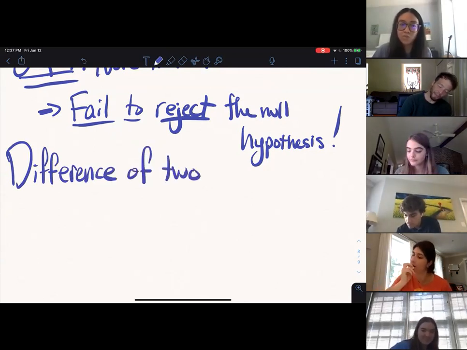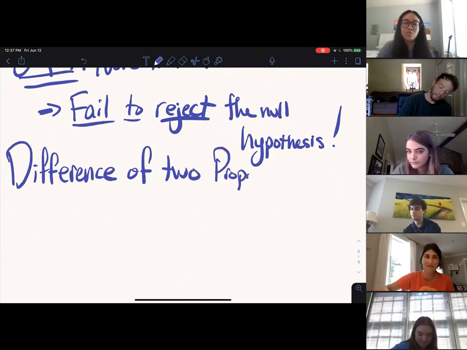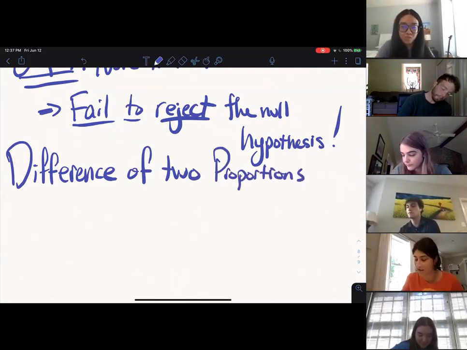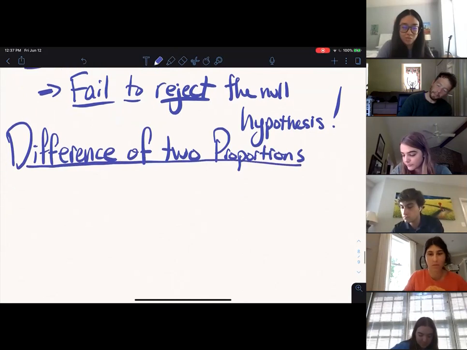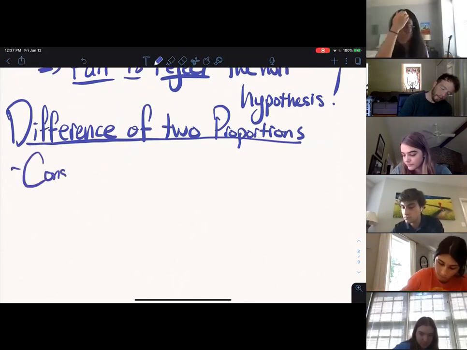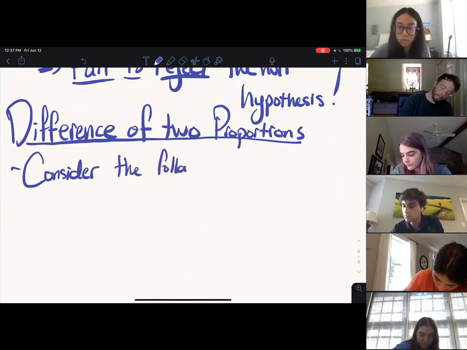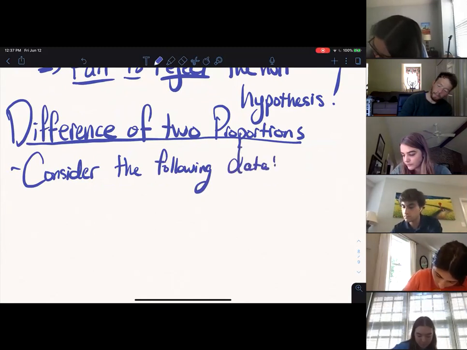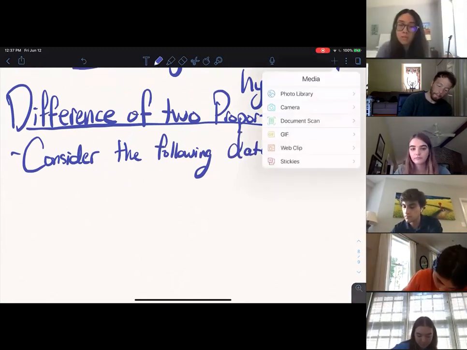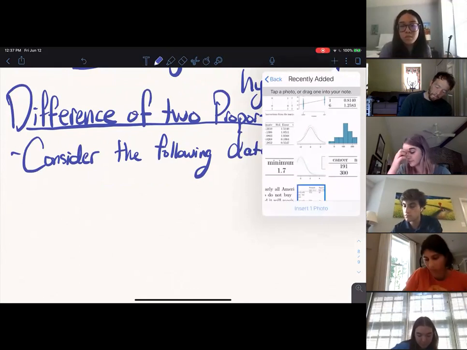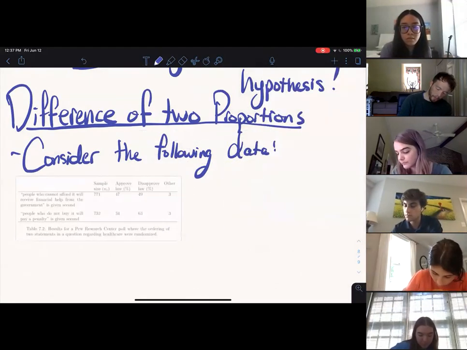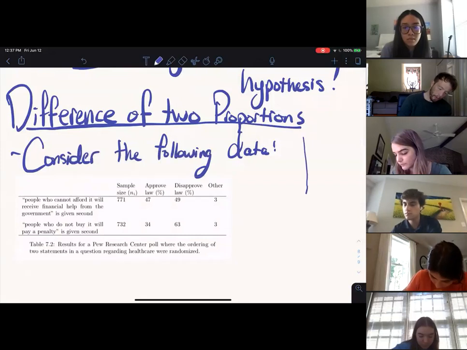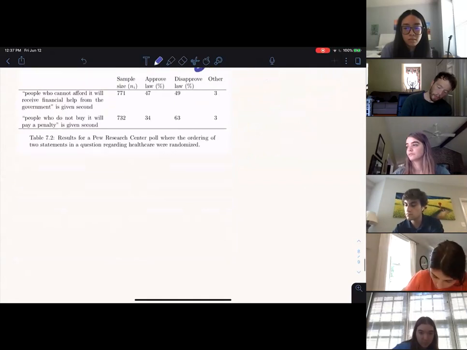Let's talk about the difference in two proportions. Consider the following data. So I have this I'm going to show you, and I'll put this on as well.